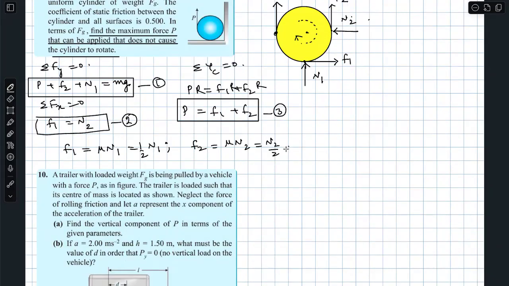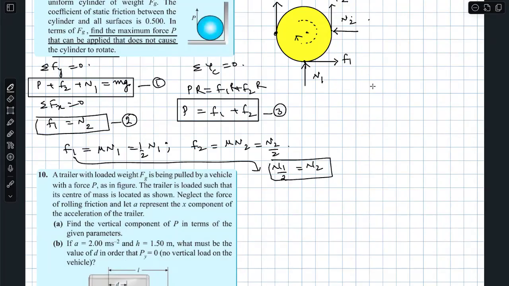So therefore, F1, now using this observation, N1/2 is N2. N1/2 is N2. I got one more observation.